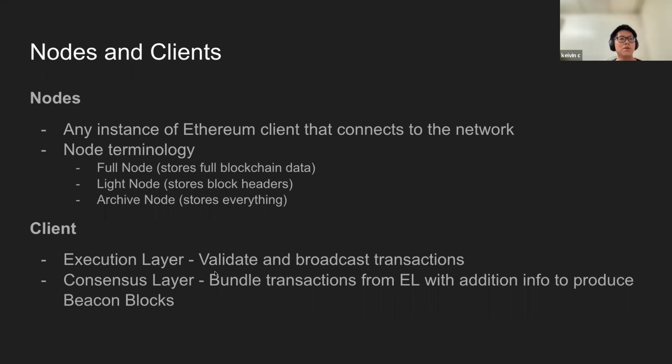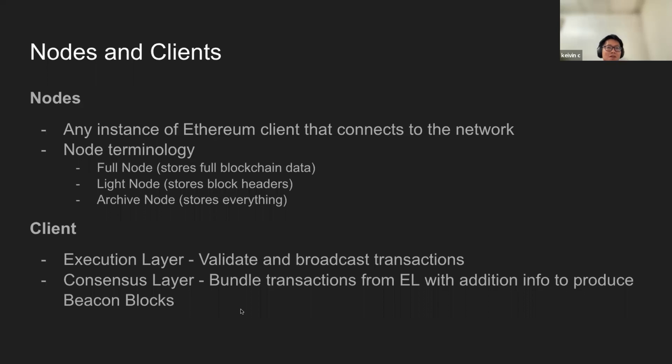In terms of clients, you can basically split them into the execution layer and the consensus layer. I won't go too deep into this because, quoting WeiHan, I could probably take a couple of hours just to explain this if I attempted it.